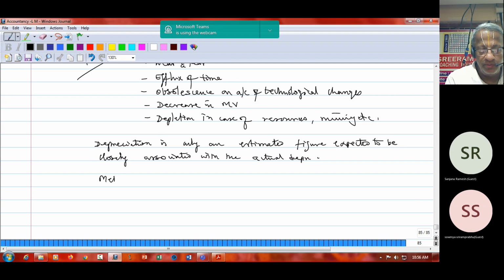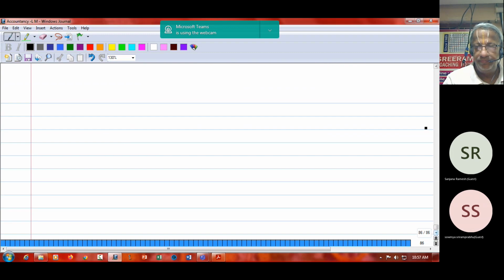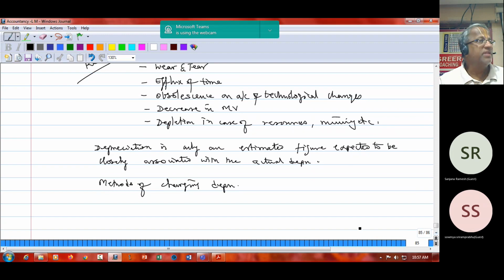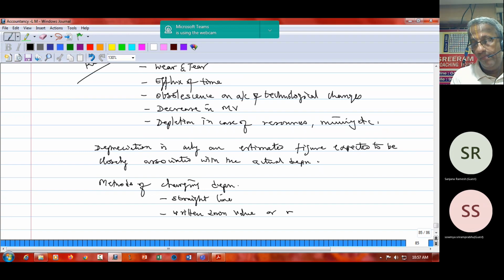There are various methods we have. Methods of charging depreciation. What are the methods of charging depreciation? SLM and WDV. Straight line. Written down value.